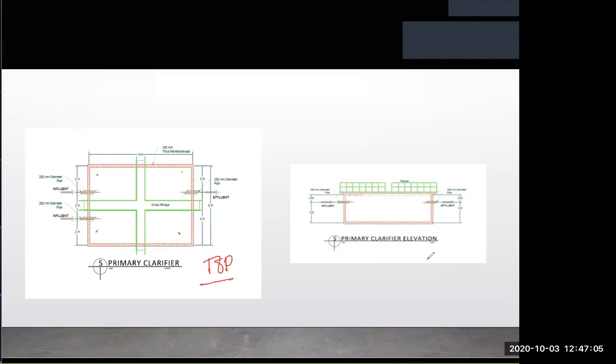So you're looking at your primary clarifier at the top. Okay, this is the top view. So if you go to this view, this is now the side view. Or when you cut, if I cut here, you get this view over here. So you have a cross bridge, and then you just put the dimensions of your clarifying tank, and then by virtue, you should always have two chambers. Okay? So, dalawang influent, you get one pipe here and another pipe there.